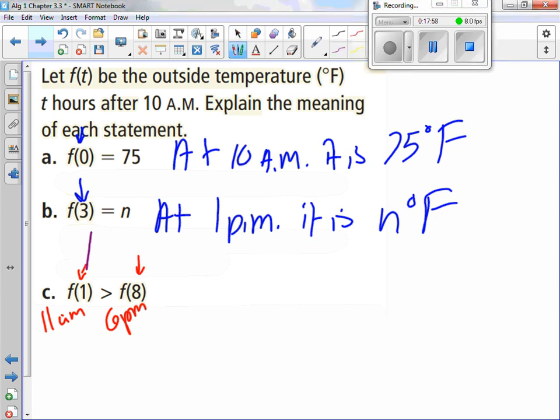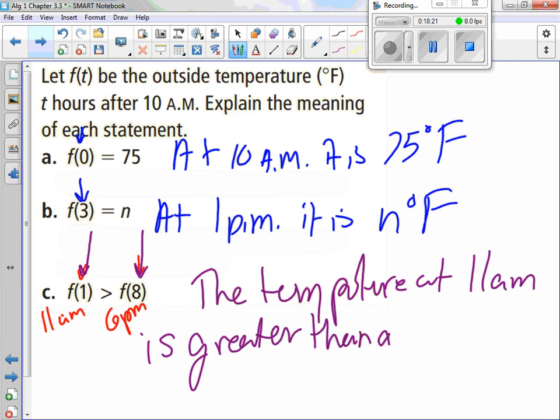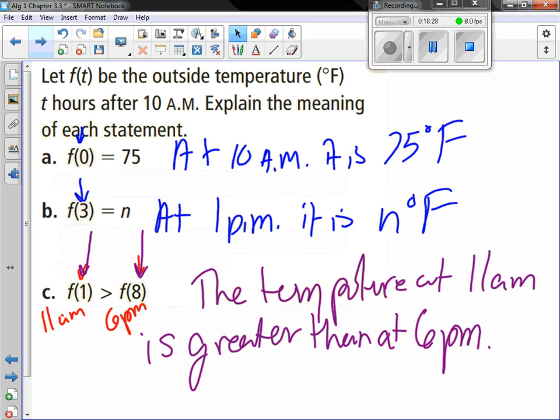The temperature at 11 a.m. is greater than the temperature at 6 p.m. And we know this because f of 1 is greater than f of 8.